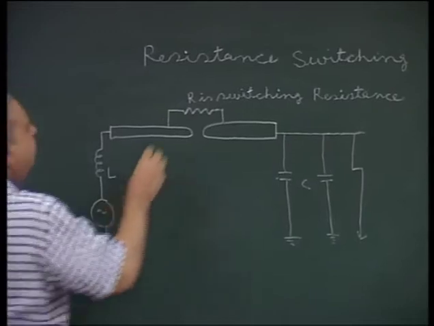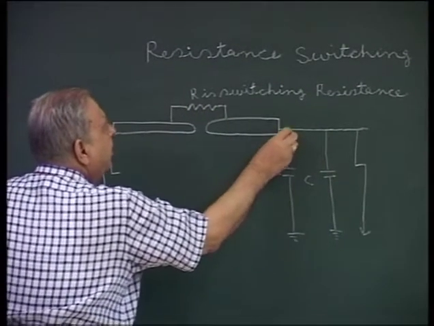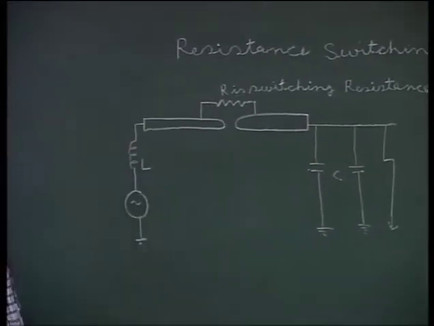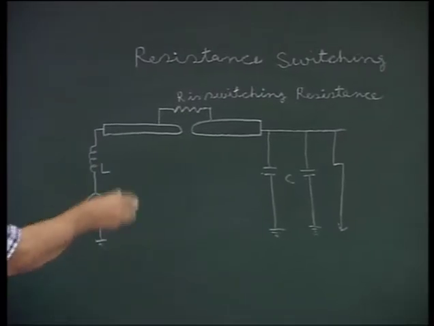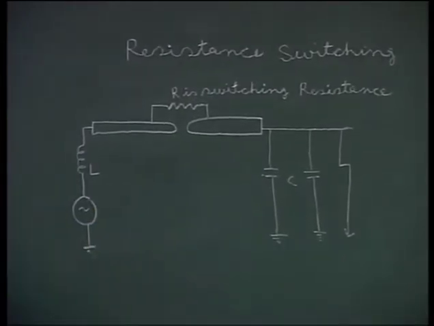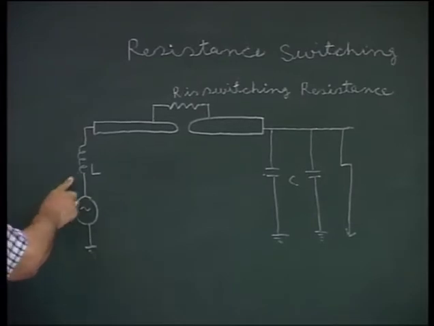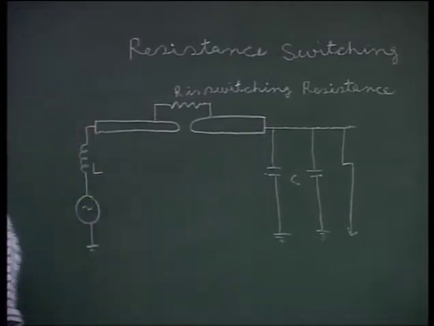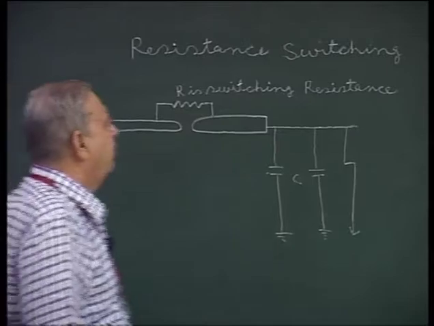Now, if you put a resistance here, then this resistance will come in series with the LC circuit, and the frequency of oscillation is modified.